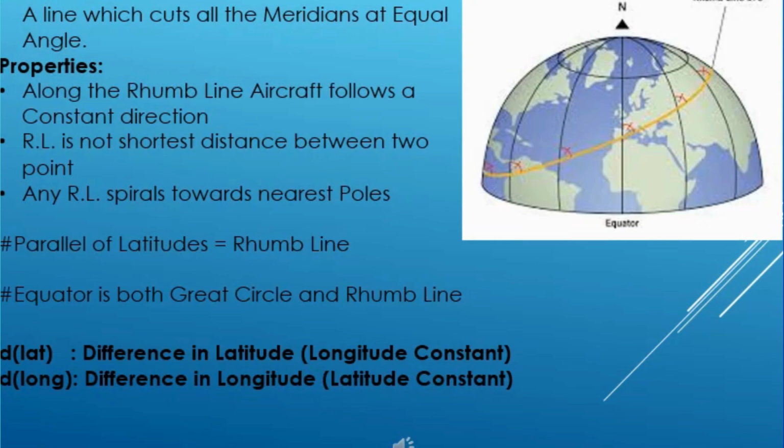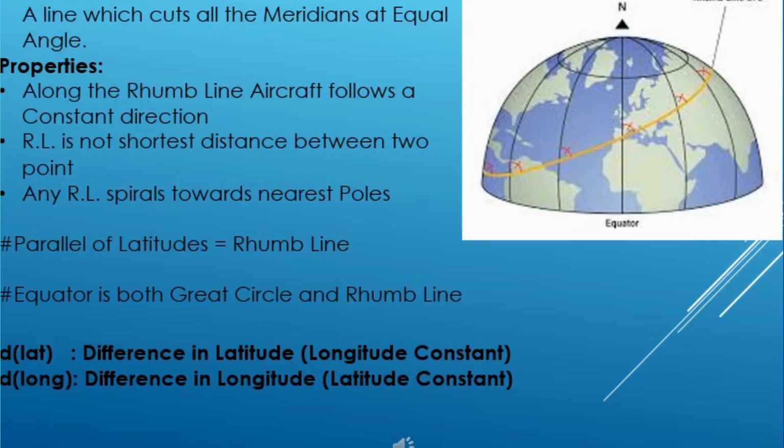So let's learn about the Rhumb lines. A Rhumb line is a line which cuts all the meridians at an equal angle. And the property of a Rhumb line is that along it, the aircraft follows a constant direction. So if we are flying on a Rhumb line, we follow a constant direction. The Rhumb line is not the shortest distance between two points, and any Rhumb line spirals towards the nearest pole.